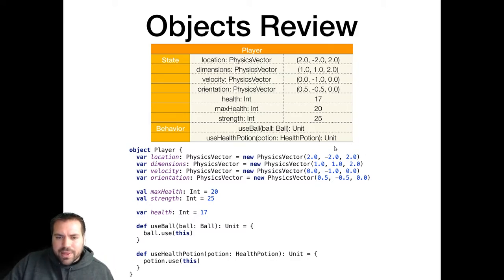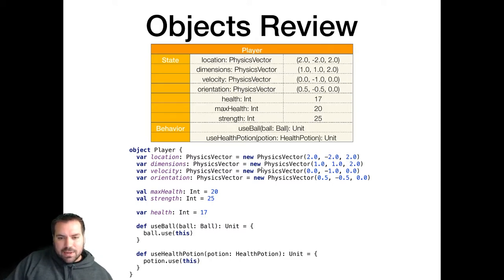So when we were working with objects, we would create an object of type player, a player object, and then put all of our code in here. We have some methods for its behavior, and we have some variables for its state. And we want to know certain things about the player: its location, how large is the player, how large should we render the player's sprite, and we need that to determine if a ball actually collides with the player or not.